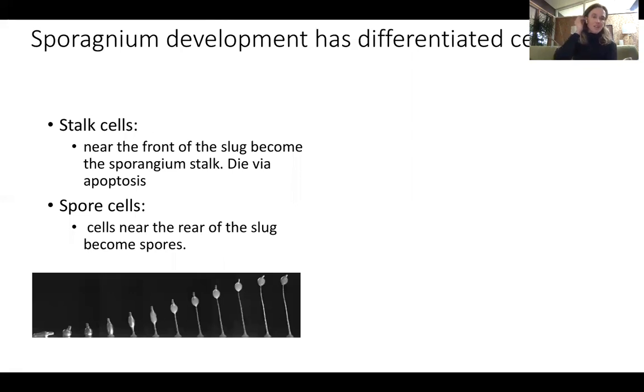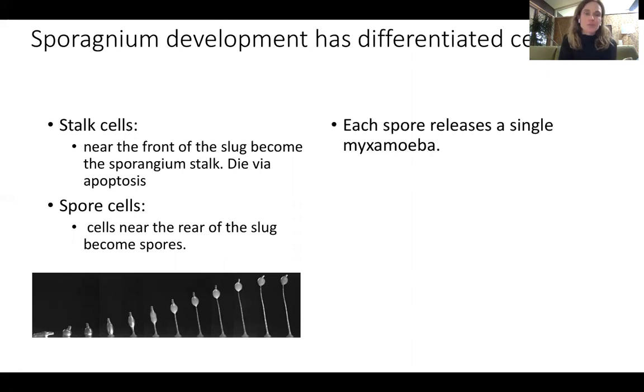The cells near the front of the slug become the stalk, and they die via apoptosis. So they just undergo programmed cell death. Spore cells are the individuals near the rear of the slug. They differentiate into spores. So it's like an organism, but it's not.